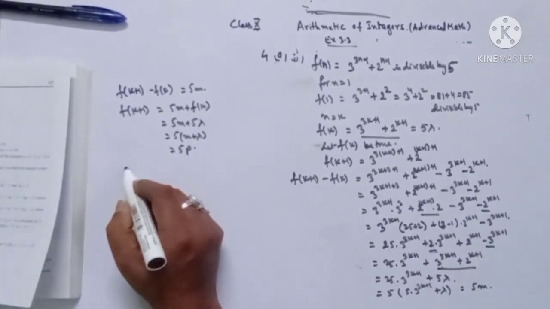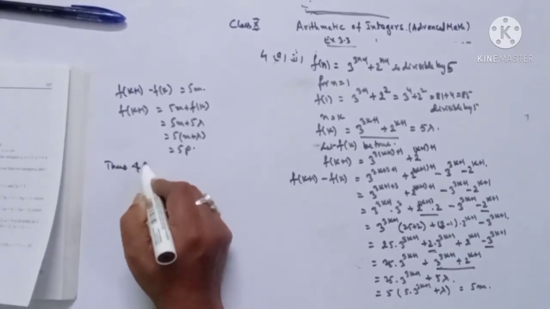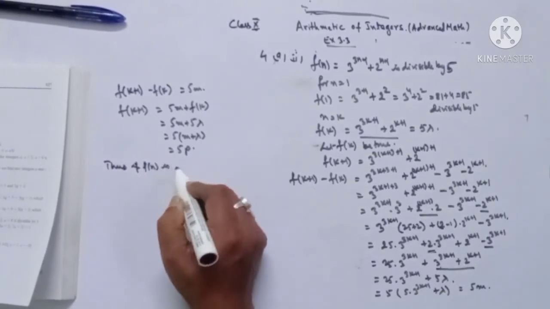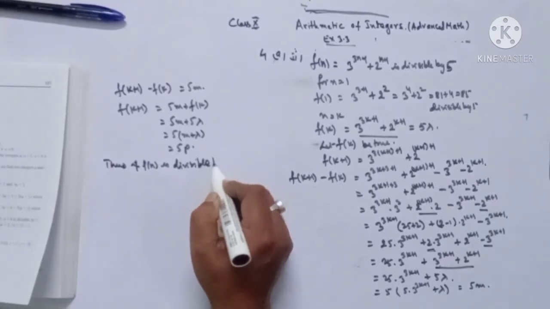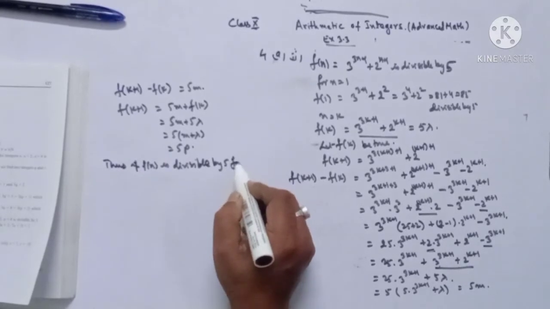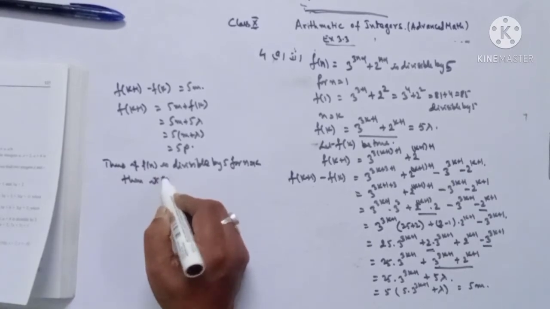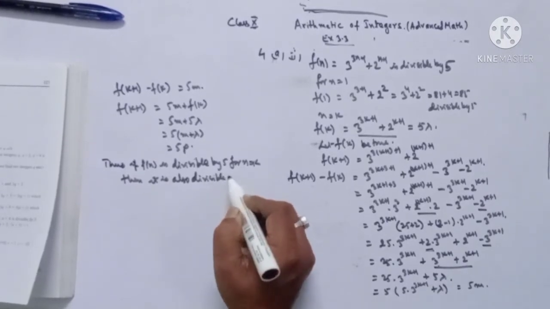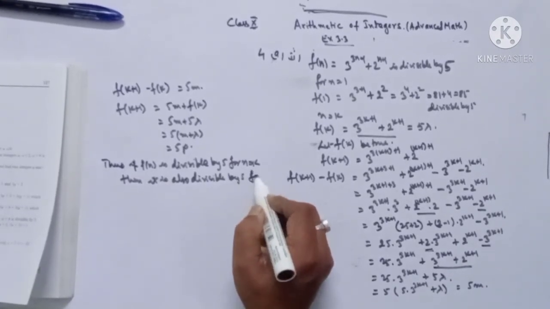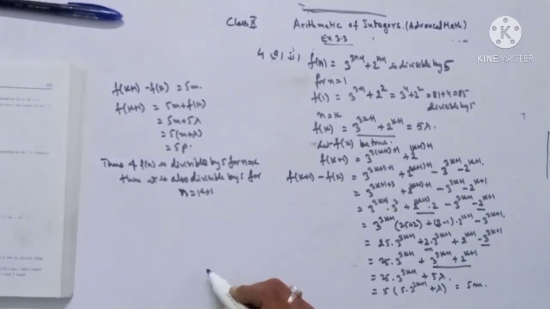That is, thus if fn is divisible by 5 for n is equal to k, then it is also divisible by 5 for n is equal to k plus 1. So in this way you can prove it.